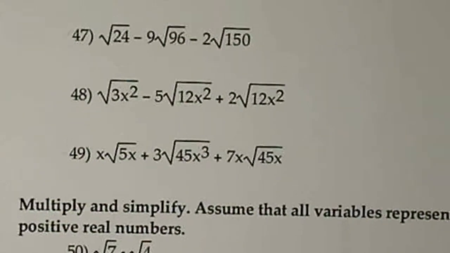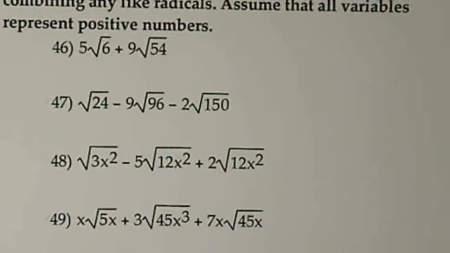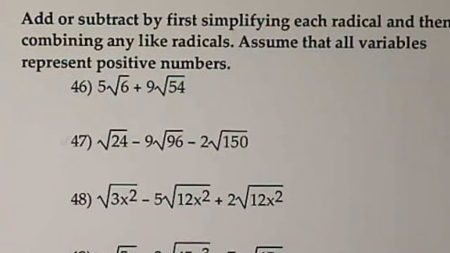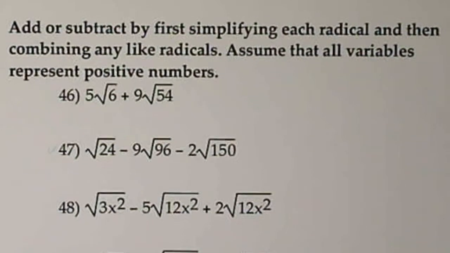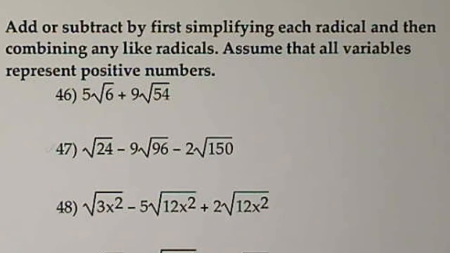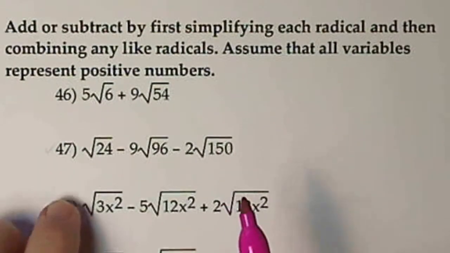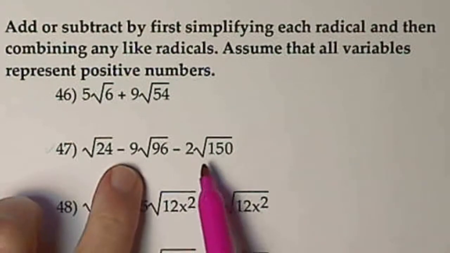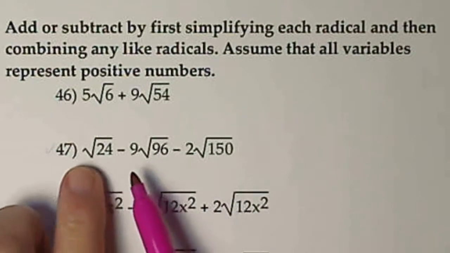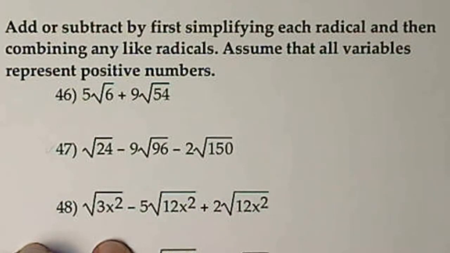Alright, so we will take a look at number 47 here. And let's get our directions in view. So for 47, they do want us to add or subtract. We have 1 positive and 2 negatives, but you have to have the exact same thing under the radical.